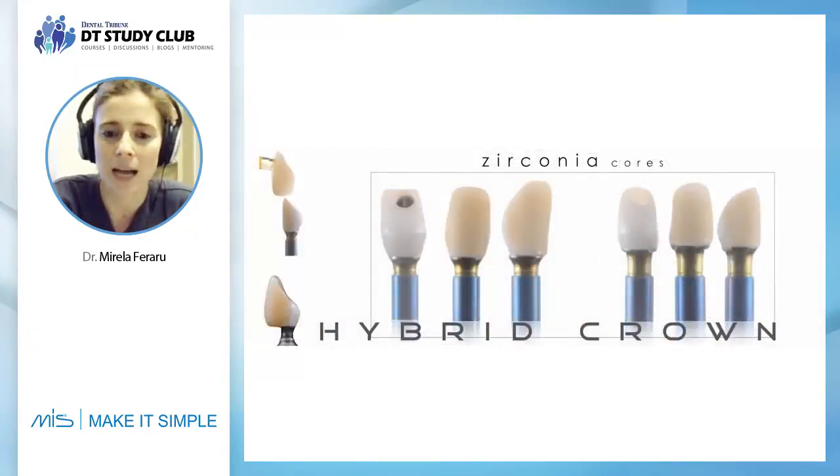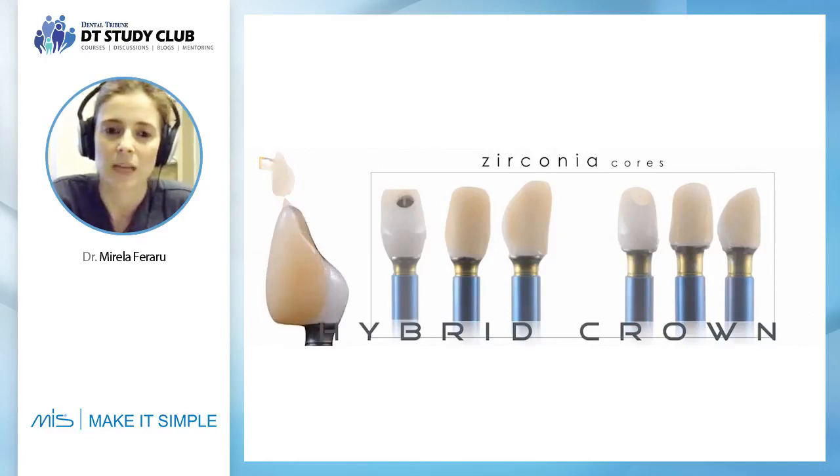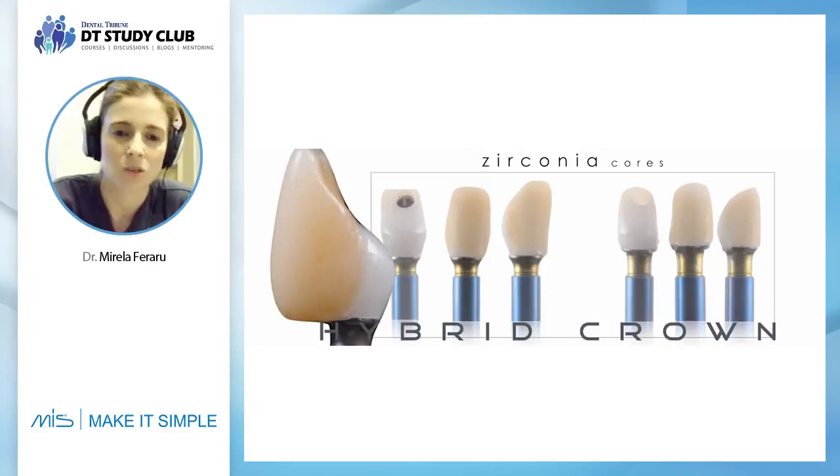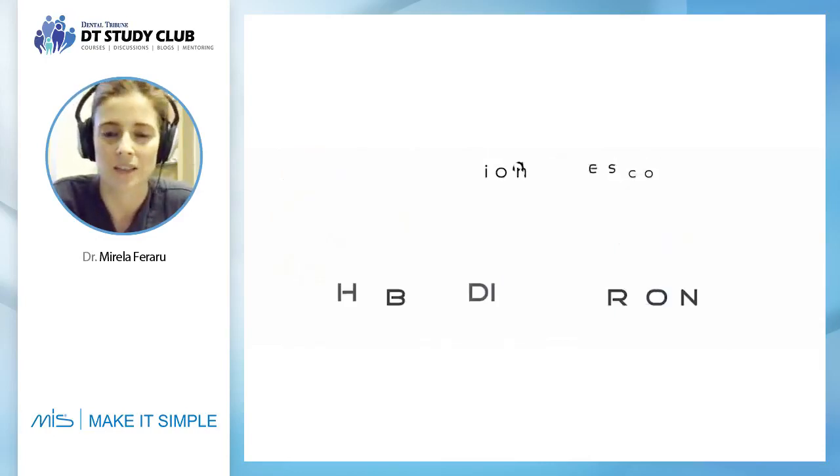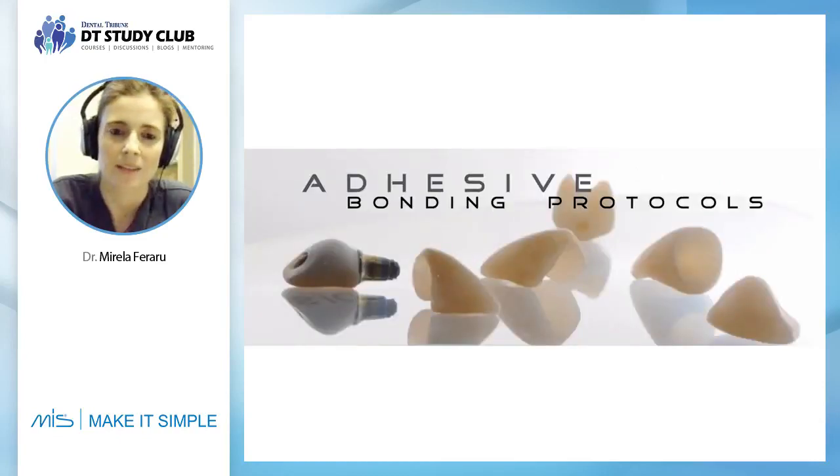So we will have a hybrid type of crown, as we can see here, with the zirconia core. On top of that, we will have some ceramic in order to obtain a true adhesive bonding between the IMAX, the lithium disilicate 3/4 veneer, and the abutment. And then we have to follow the adhesive bonding protocols.